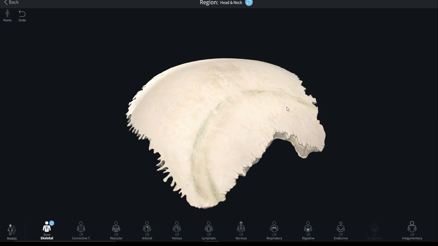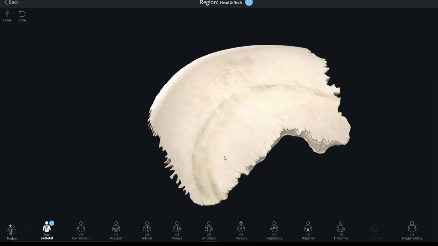Obviously, these two temporal lines are not limited to the parietal bone; they move on to the frontal bone as well, and other cranial bones as well. We will be dealing with them when we deal with those other cranial bones. But for now, let's get on with the temporal lines as far as they concern the parietal bone.